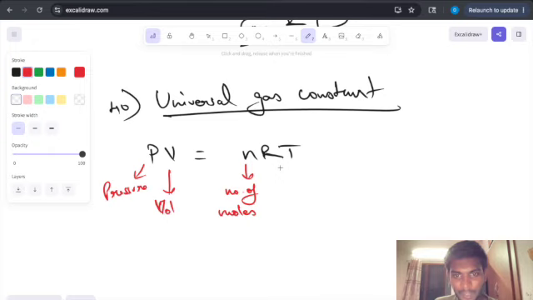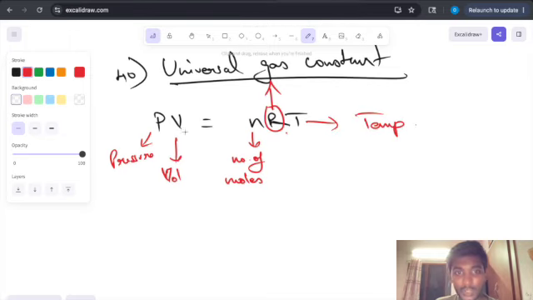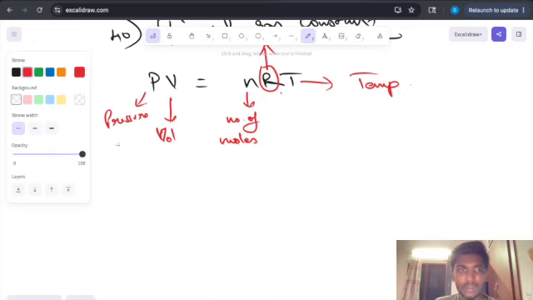I hope you understand my handwriting. So R is universal gas constant and T is temperature. From this I'm just going to rearrange this formula in terms of R. So R equals PV by nT.